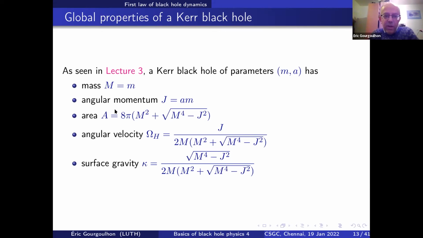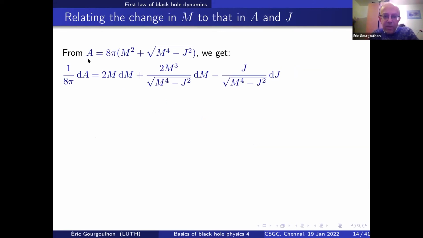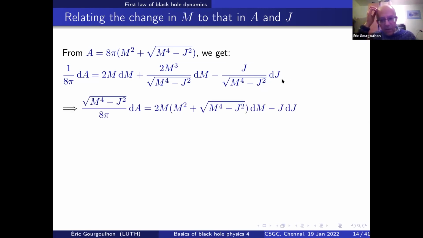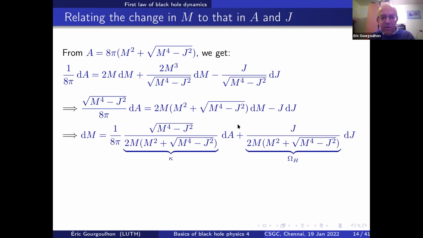And now let us start from the formula giving the mass, and we simply differentiate it. We assume a small variation in the process that occurred between the two equilibrium configurations. So we simply take the differential, which is an elementary computation, and we have a differential in J. Then we may reorganize the terms slightly.